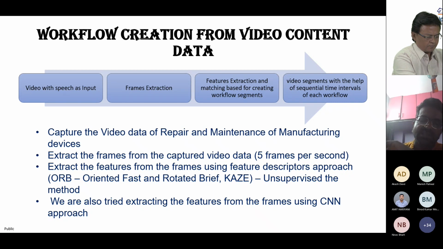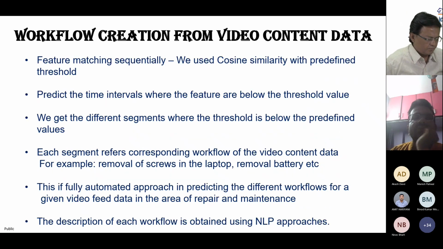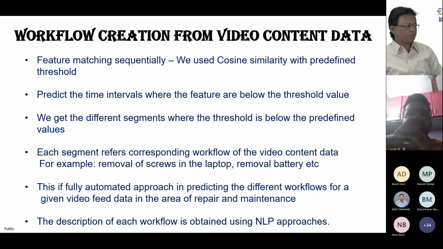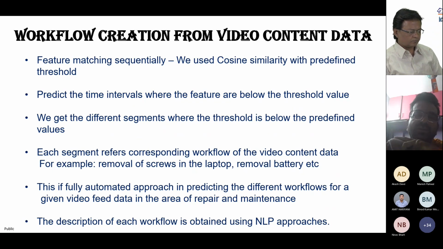We use the layer where we extract 4096 features from the CNN approach, and those features can be used to differentiate from frame to frame. Once we have matched them sequentially, we use cosine similarity to measure how the features differ from one frame to another.